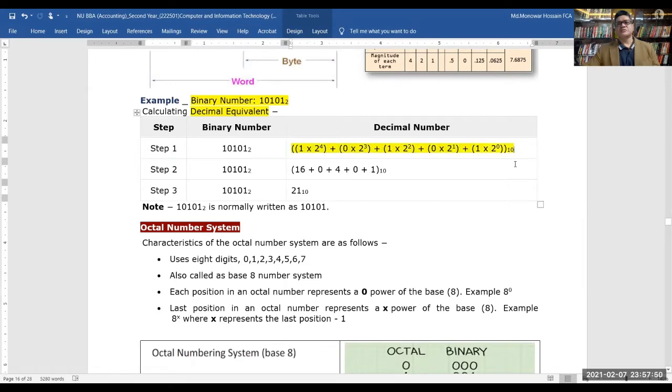For example, this 1 multiplied by 2 to the power 0, and 0 multiplied by 2 to the power 1, 1 multiplied by 2 to the power 2, 2 to the power 3, 2 to the power 4, the same way. So we'll get in the decimal figure this, and the total number would be 21. So normally we write this way.